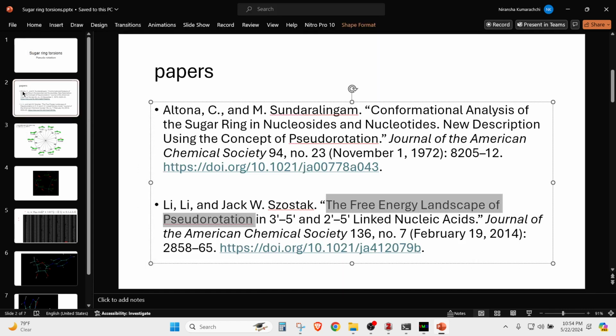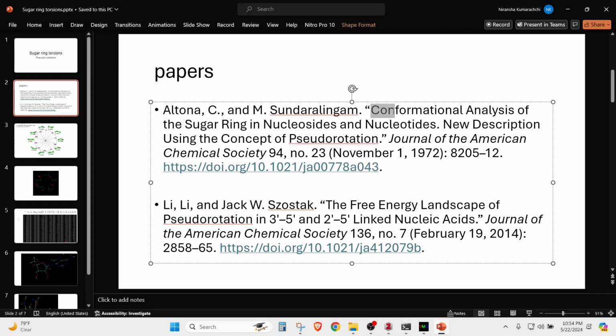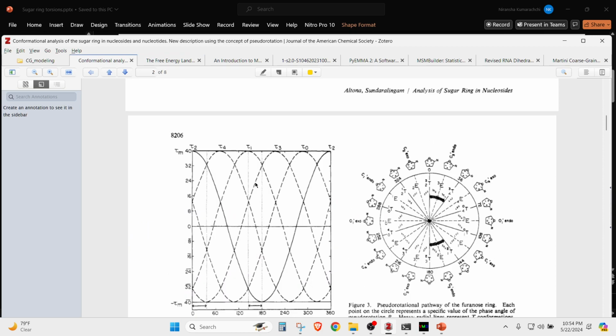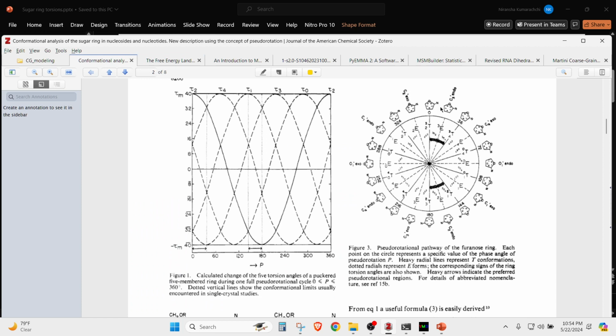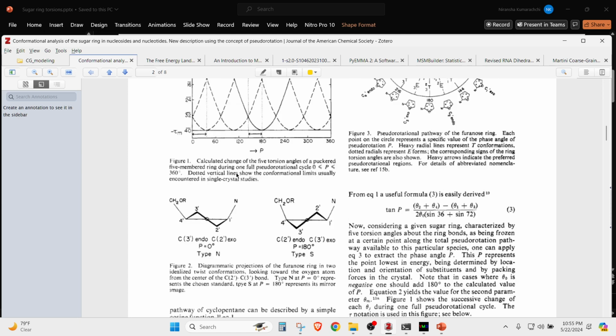So let's go to history first, and let's go to this paper. This concept of pseudo-rotation was introduced in this paper, Altona and Sundaralingam. So this paper looks like this, and they introduced the concept that the pentose sugar behavior, the bend of the sugar pucker, can be represented by five torsions.